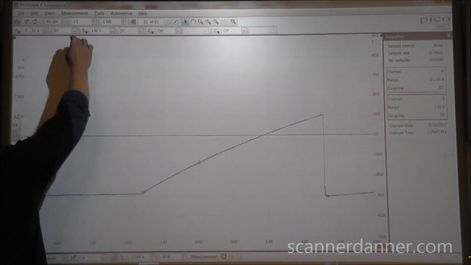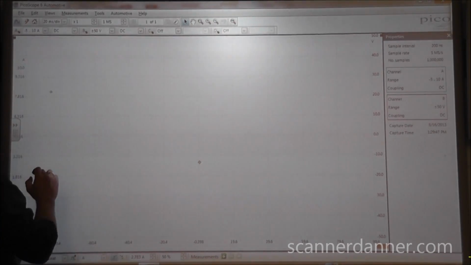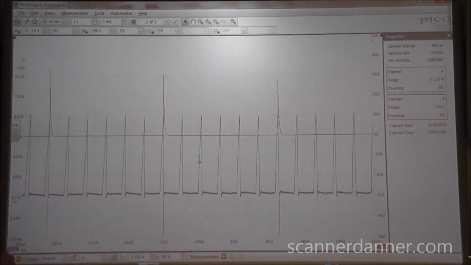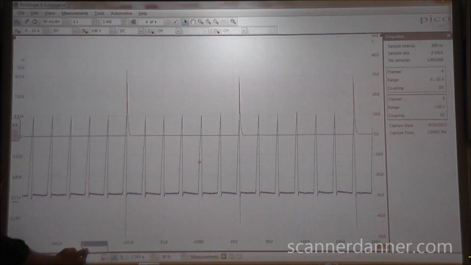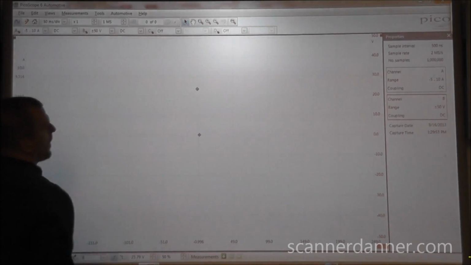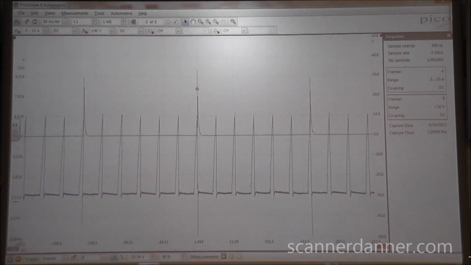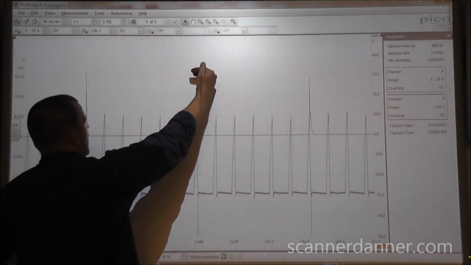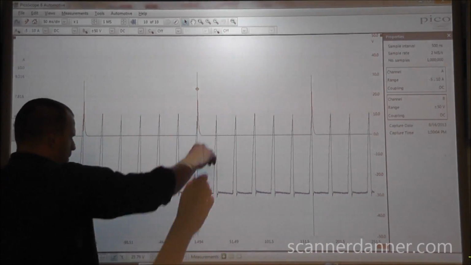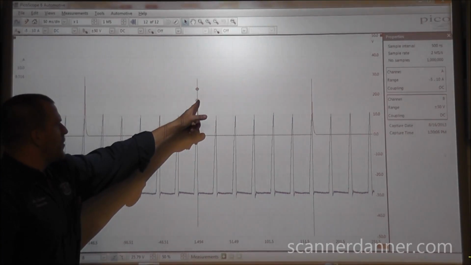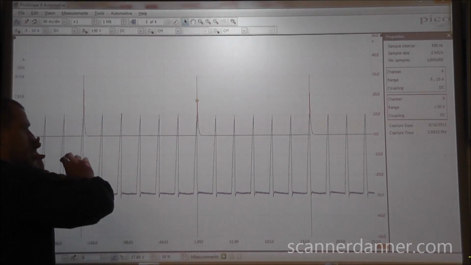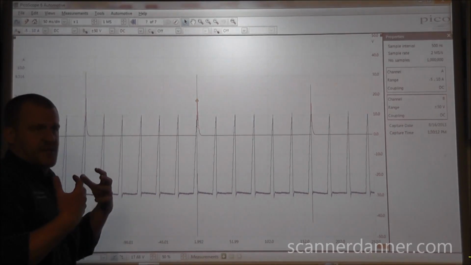If I trigger off of channel B, and set this up in my range, again knowing my voltage range, I'm going from 0 to 30 volts, somewhere in that range. So I'm now triggered off of channel B, and what it will do is draw everything, all channels that are being acquired.